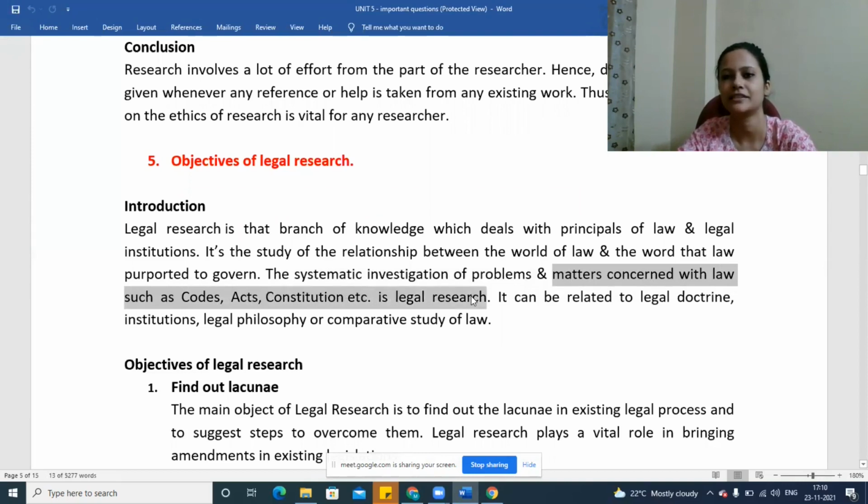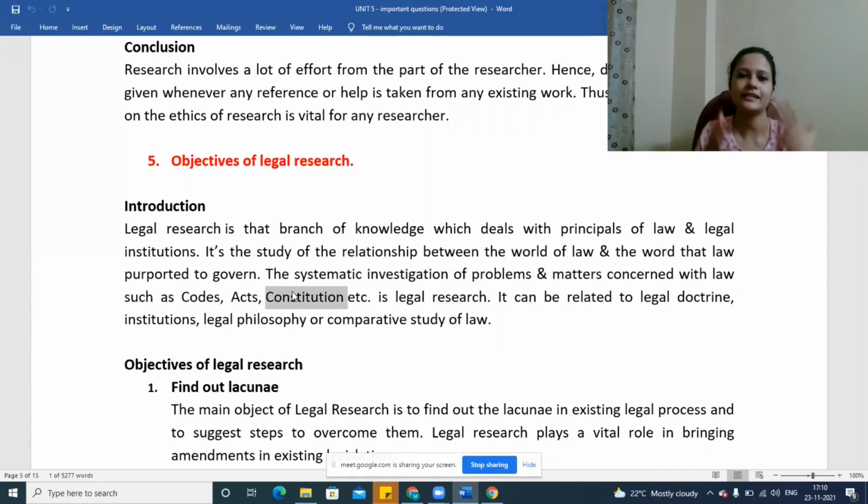That is legal research. Sometimes you may also take up a study on whether the constitution can be amended or not. What is the history of amendment of the constitution? That in itself is such a big topic. It's just one article that we have under the Constitution, Article 368, that provides for amendment of the constitution.